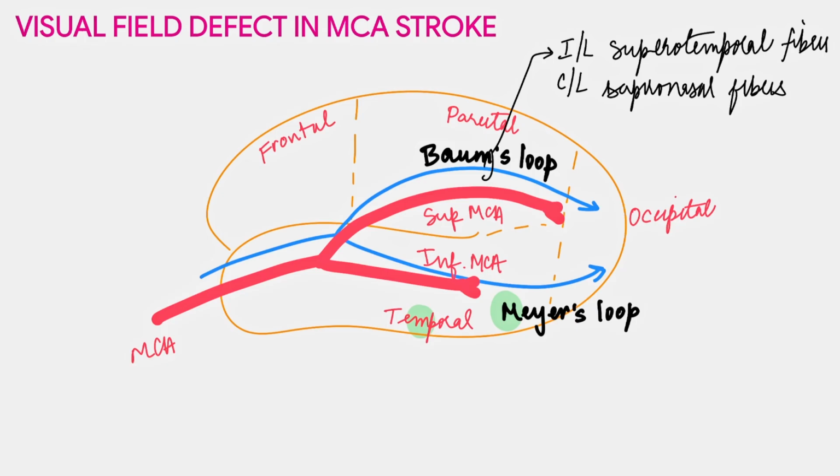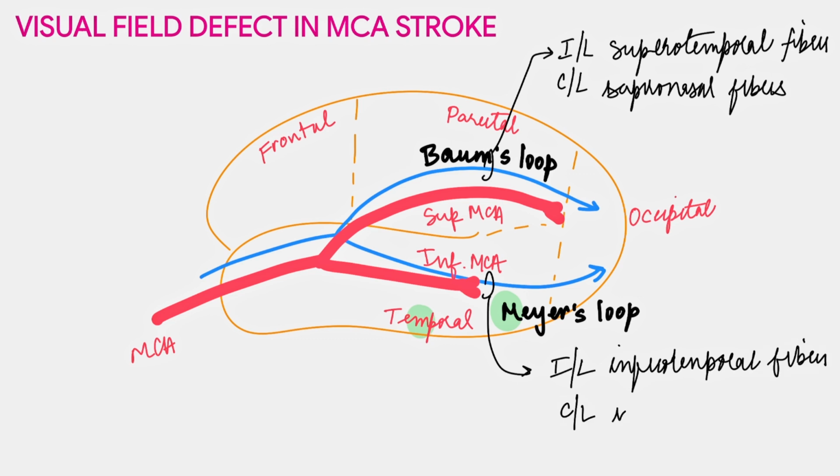Meyer's loop is carrying ipsilateral temporal fibers and contralateral inferonasal fibers.